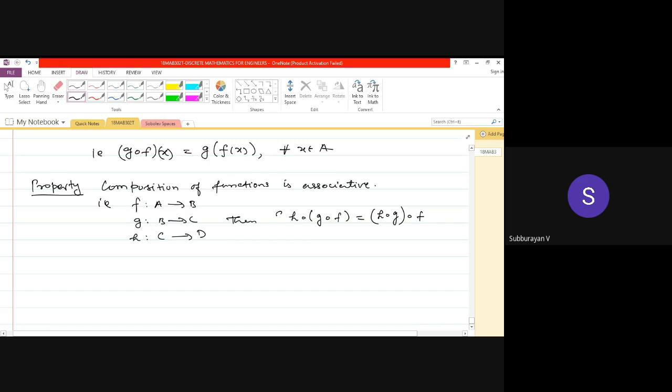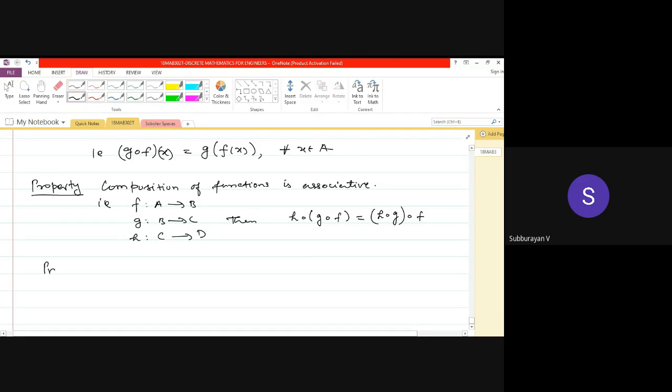Both are one and the same. So this is the associative property. We can interchange the parentheses.